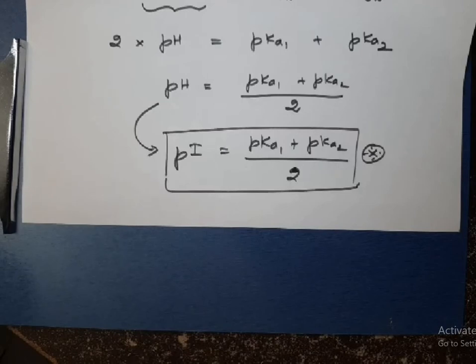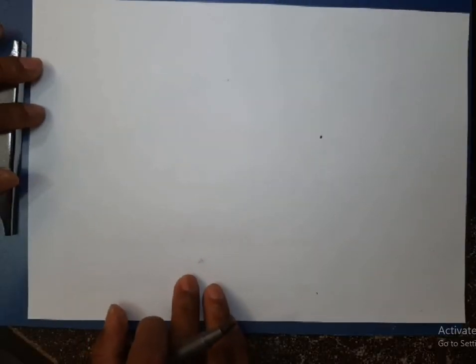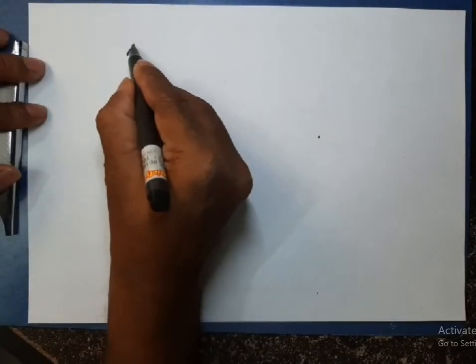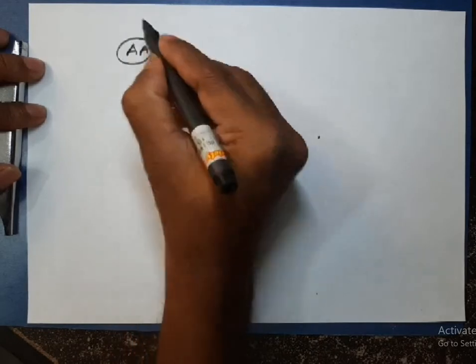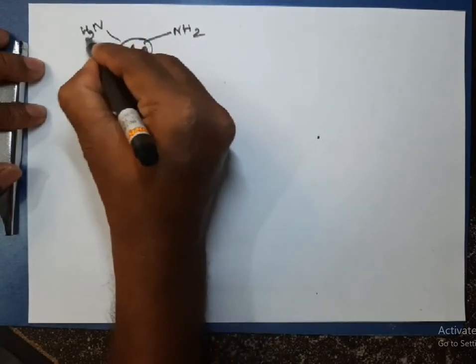Now, what about the other amino acids, basic or acidic? Basic amino acid and acidic amino acid, what to do? Suppose I have an amino acid which contains 2 NH2 groups and 1 acid group.